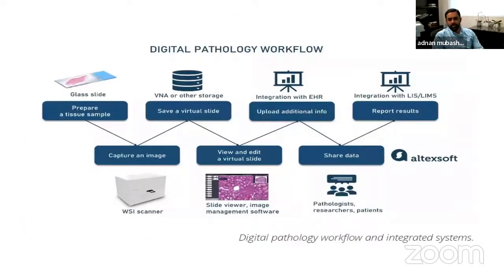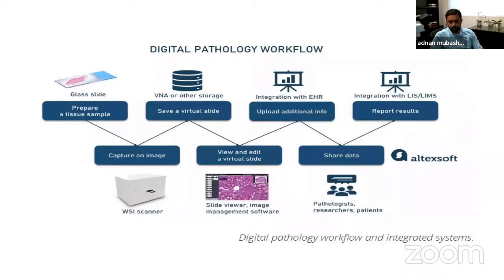So when we say digital pathology, the images obviously don't just pop up. There's a whole background to how a digital image is created. We'll start from the glass slide. Even in the glass slide part, there's a whole process in the back. You receive the specimen, biopsy or excision or cytology slides.